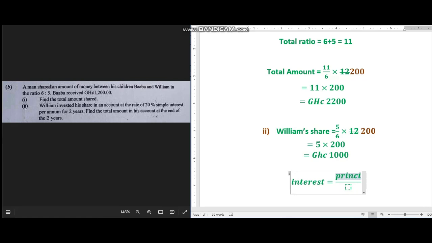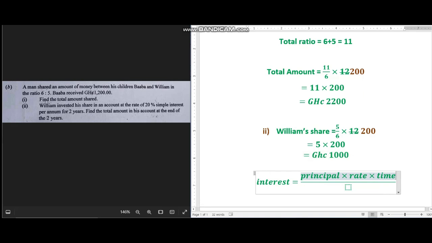Principal times rate times time. In short form it is given as PRT. So principal times rate times time all over 100. This is the formula for simple interest.